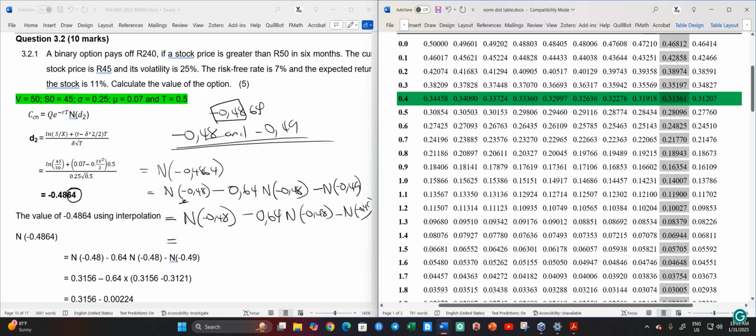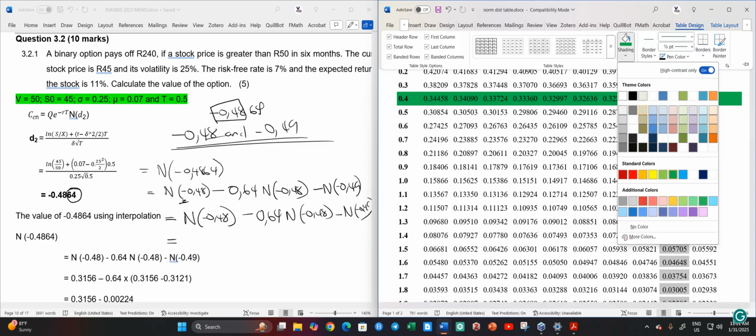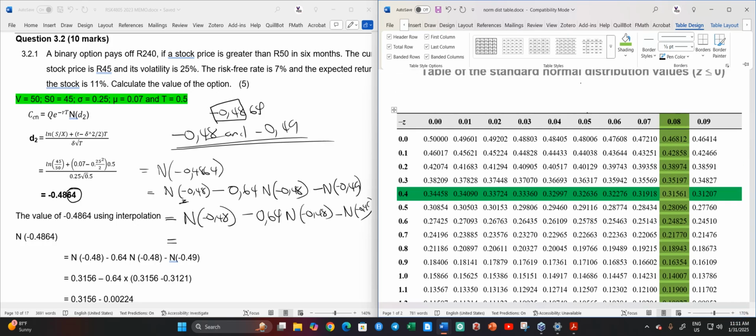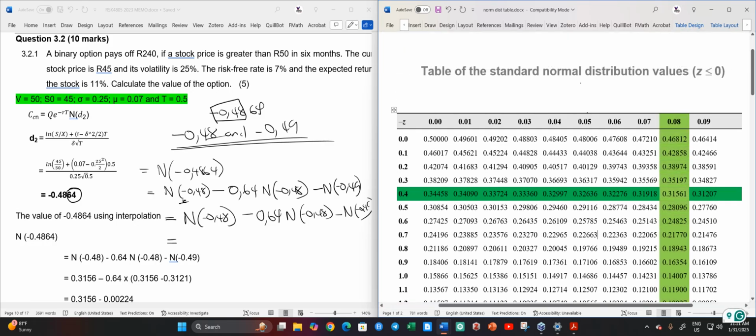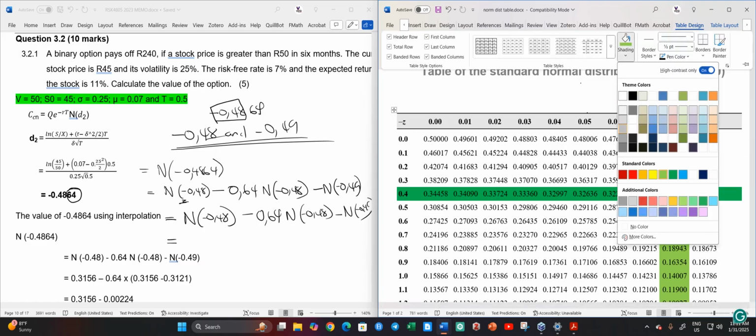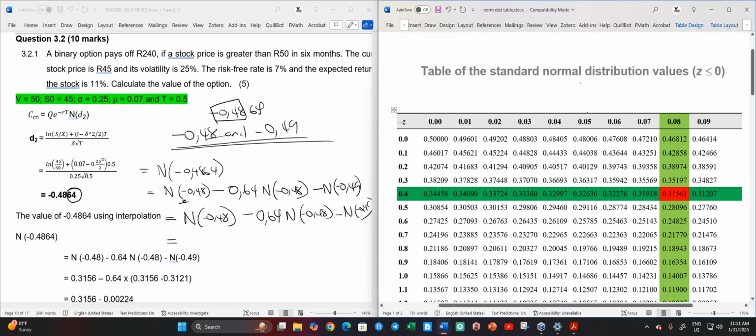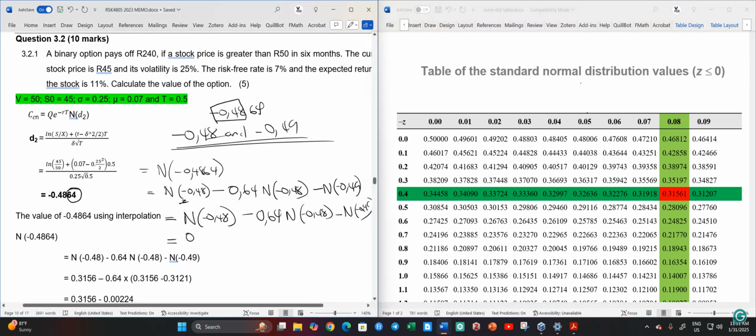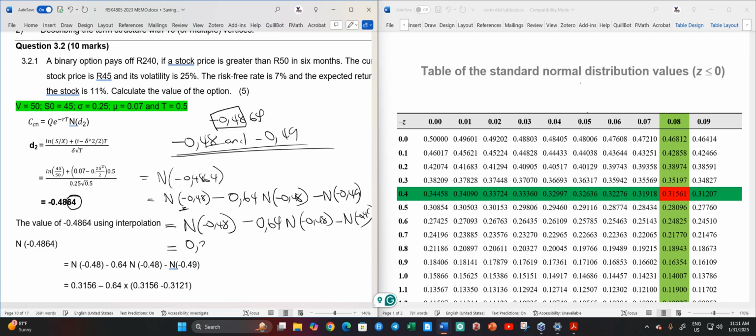So the value of minus 0.48 is this one, 0.31561, but most of the tables have 4 decimals, so we are going to work with 4 decimals. So that's 0.3156, minus 0.64 multiplied by n of minus 0.48.